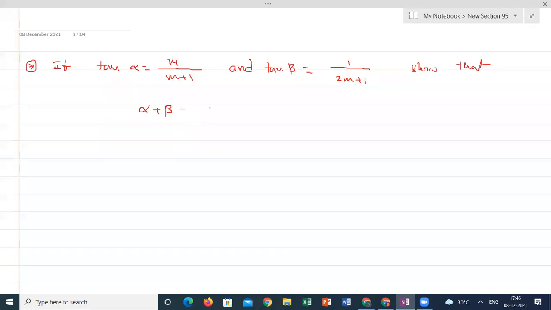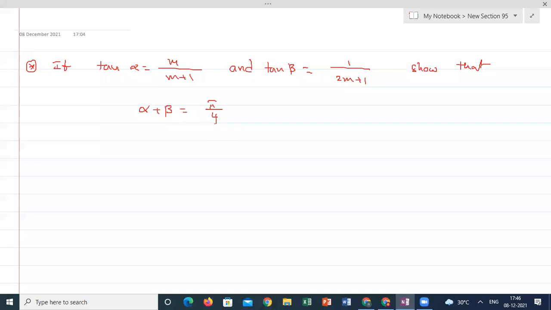If tan alpha is equal to m by m plus 1 and tan beta is equal to 1 by 2m plus 1, show that alpha plus beta is equal to pi by 4.